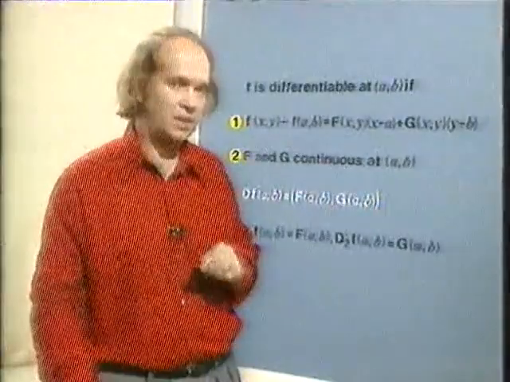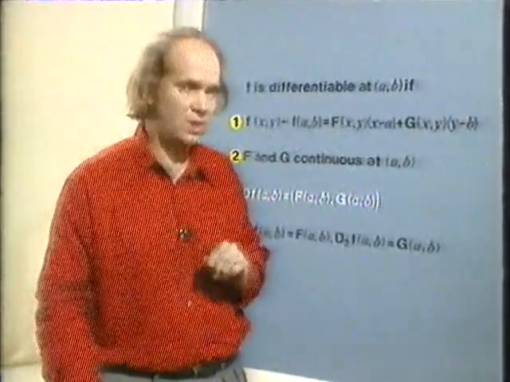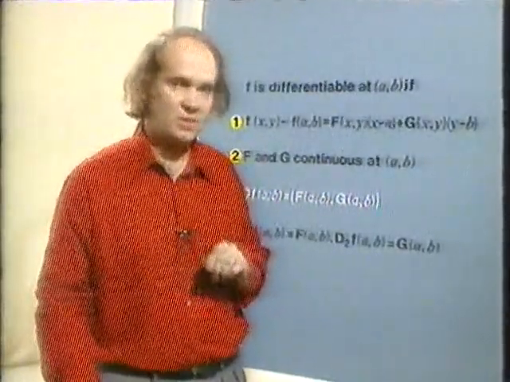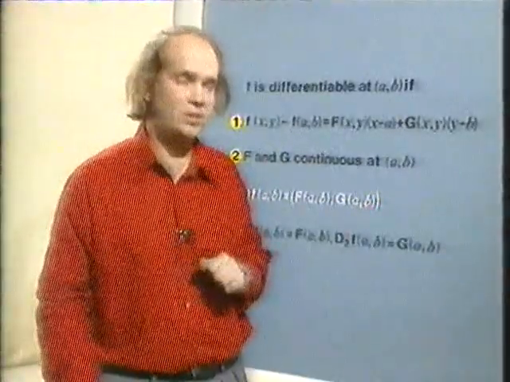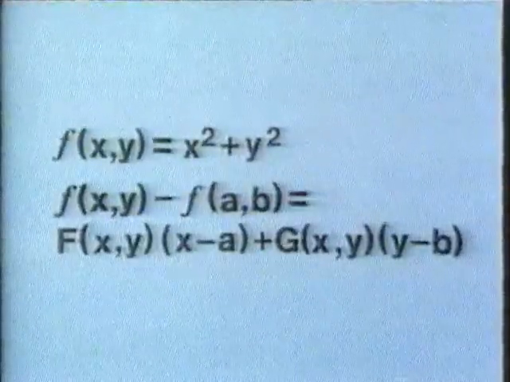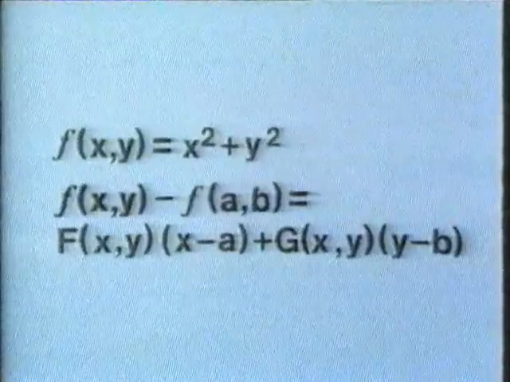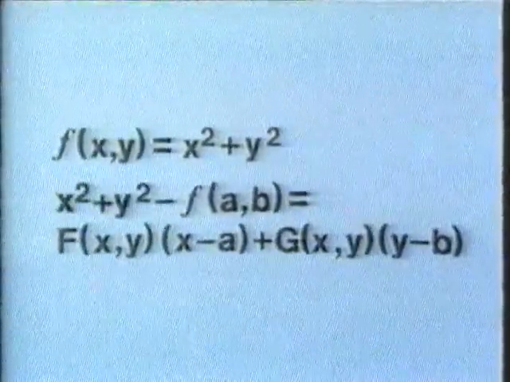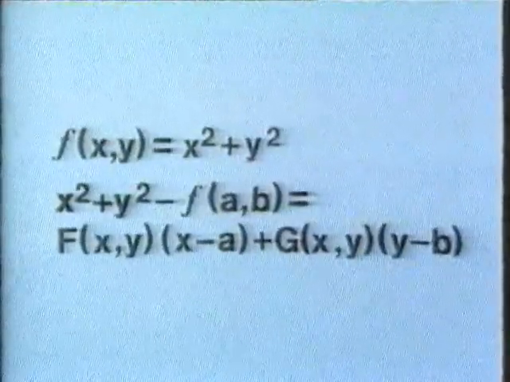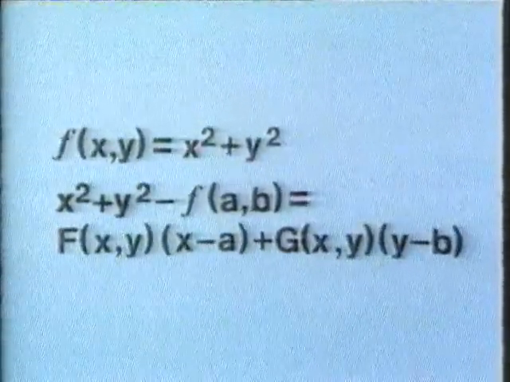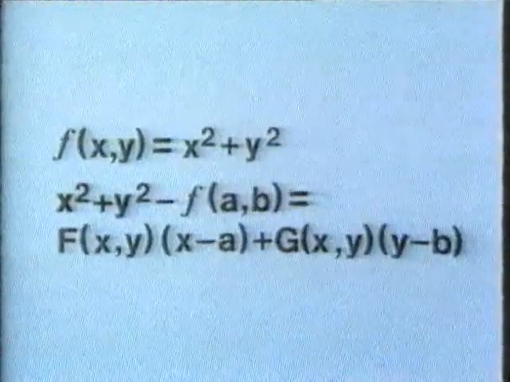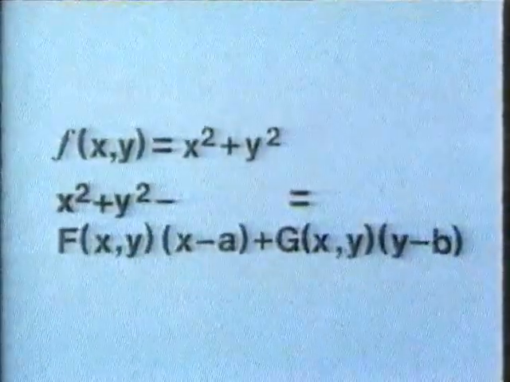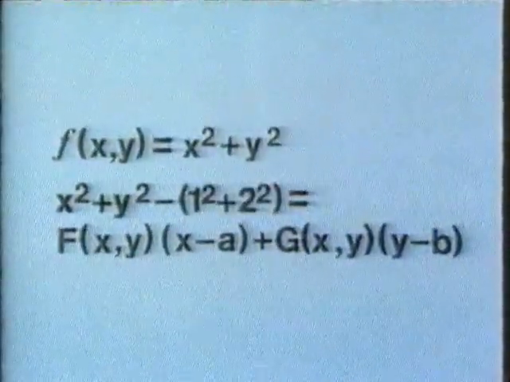We want to go back now to our first example, x squared plus y squared, and see if this function is differentiable at 1, 2. Let's look at the left-hand side of part 1 of the definition. Here, f of xy equals x squared plus y squared. And now, since the point we're interested in is 1, 2, f of ab is just 1 squared plus 2 squared.